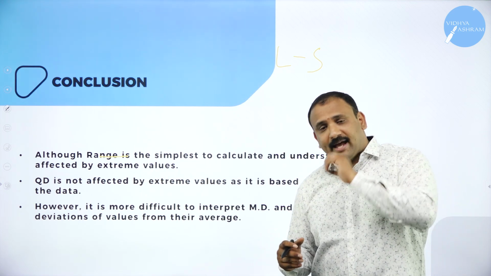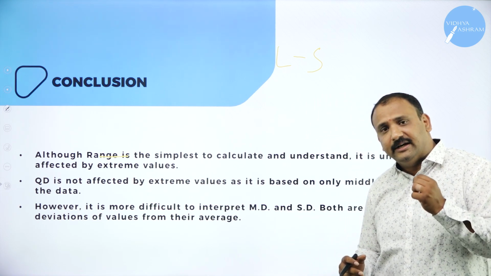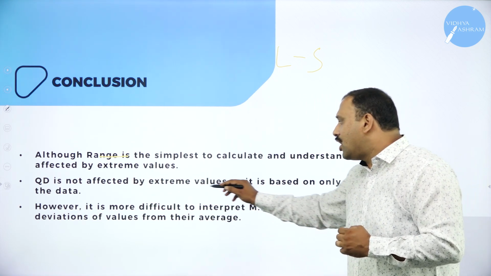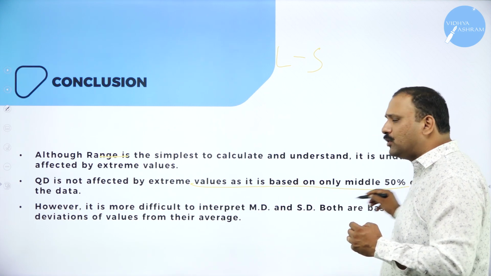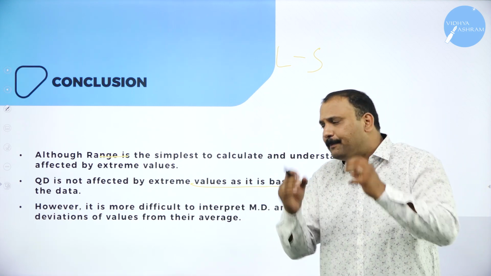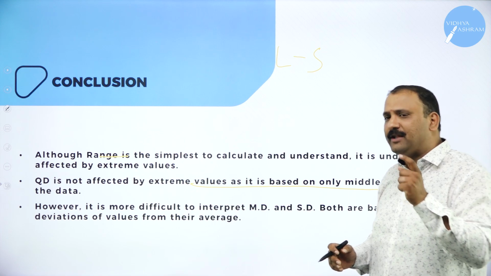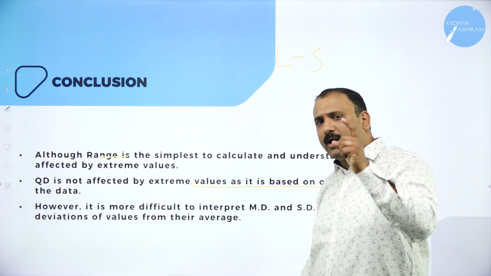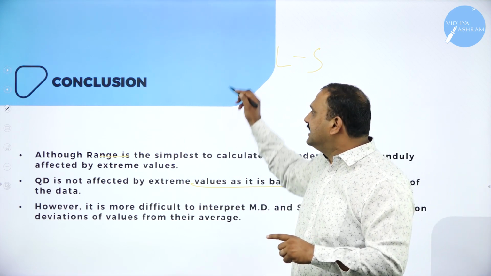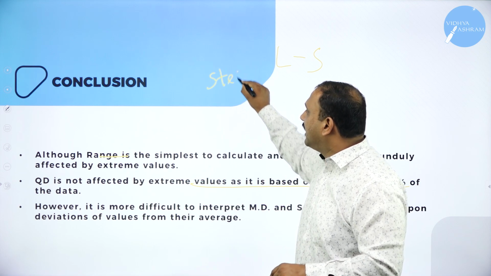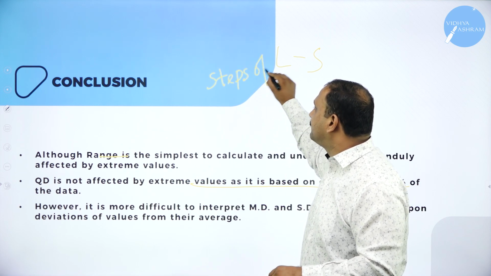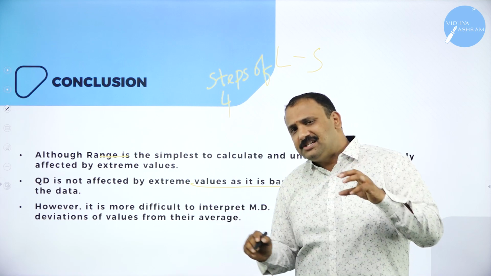Now, the quartile deviation, which we started learning after the range, is not affected by extreme values. It's only based on 50% of the data. Why? That's what we were trying to understand. When we take steps of 4, that value is very important.